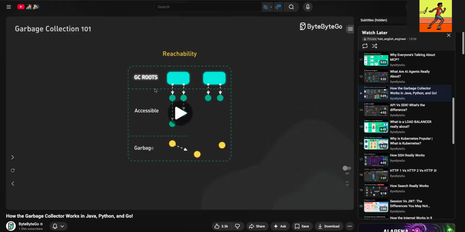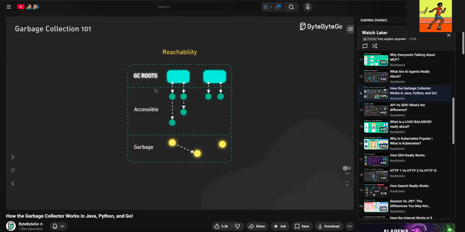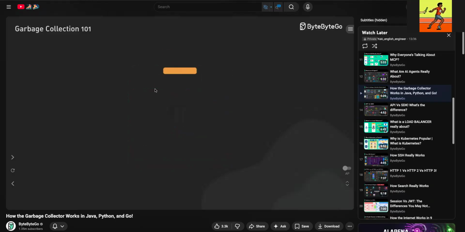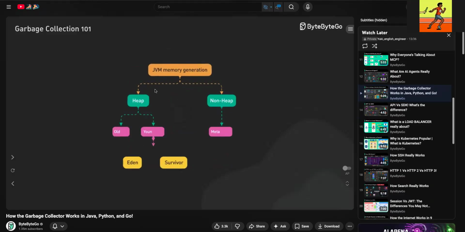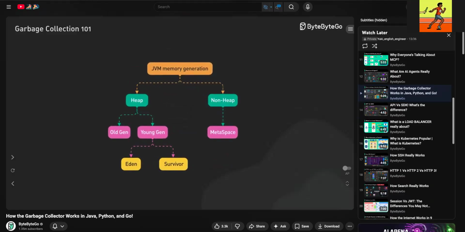Everything else is garbage, ready to be collected. To efficiently manage memory, garbage collectors typically implement a generational hierarchy.